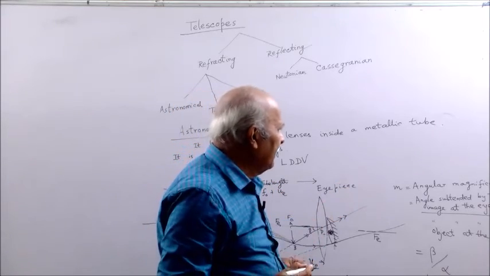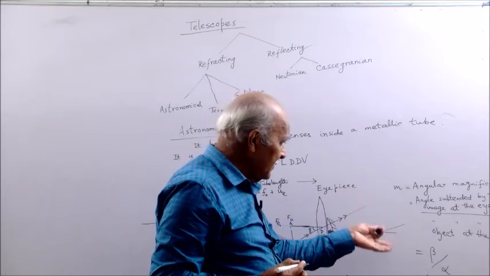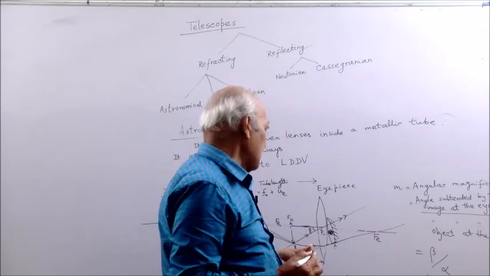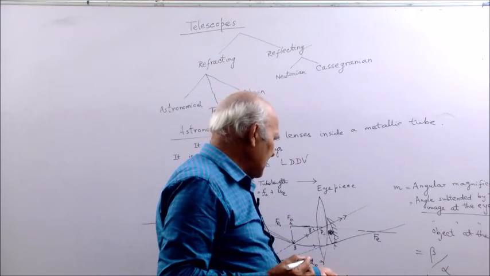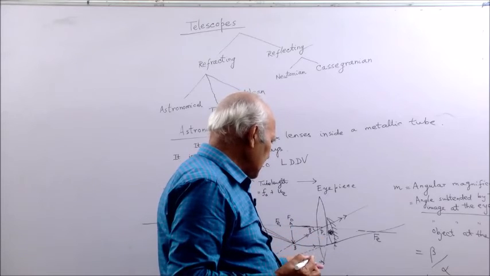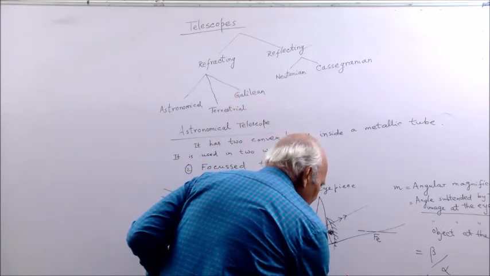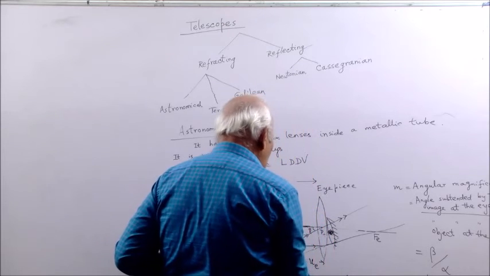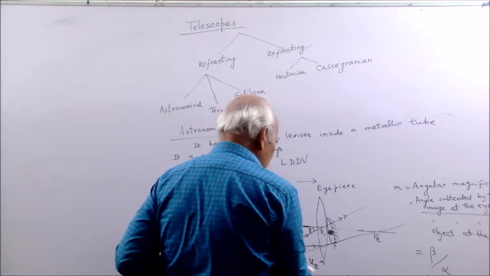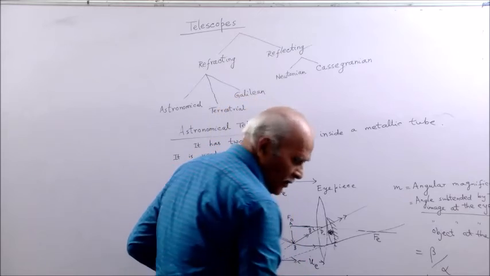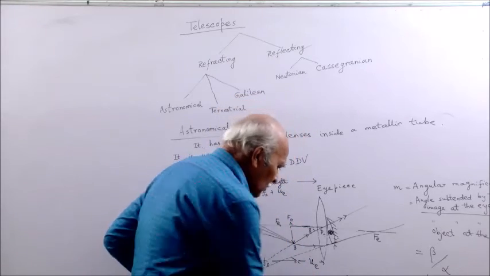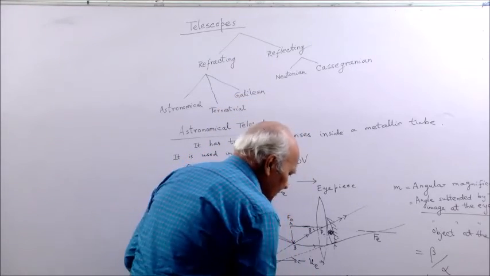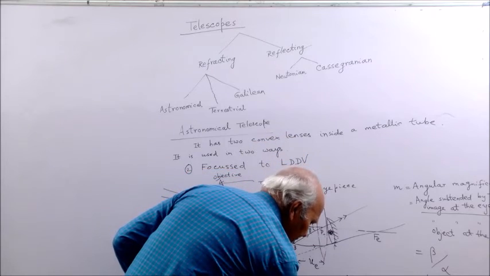And angular magnification is as before, beta by alpha, tan beta by tan alpha. Tan beta is nothing but AB by UE, and tan alpha is AB by FO as before. So, ultimately it becomes FO by UE.